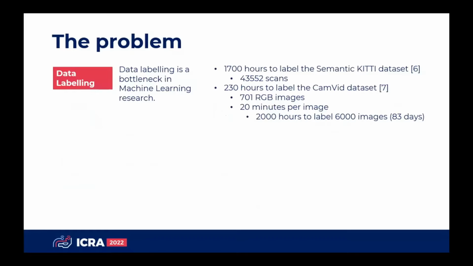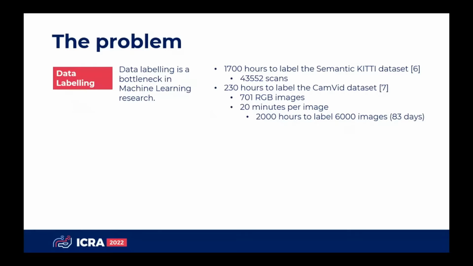Just to give you a perspective, on probably one of the most used data sets for semantic algorithms in the autonomous driving context, SemanticKITTI, they spent more than 1,700 hours on the labeling process, in a context where labeling is relatively easier than in the forest domain because everything is structured.